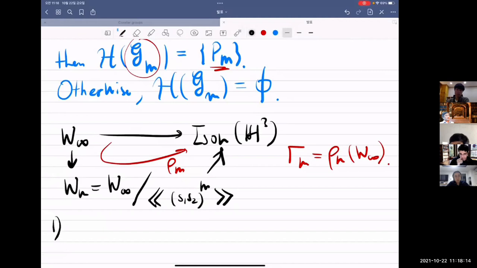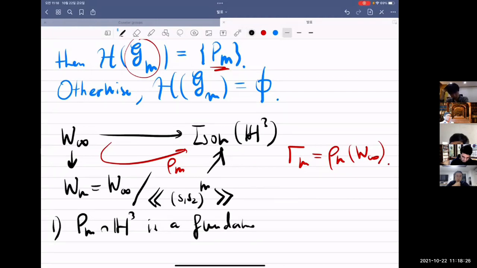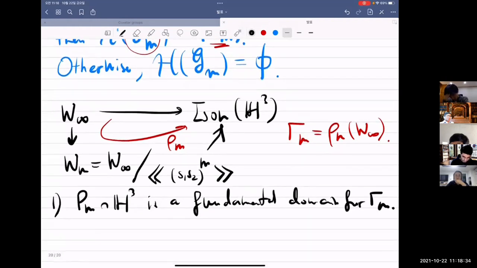So then we can actually check that these intersections of the P_M and H^3 is a fundamental domain, for the Gamma_M actions.